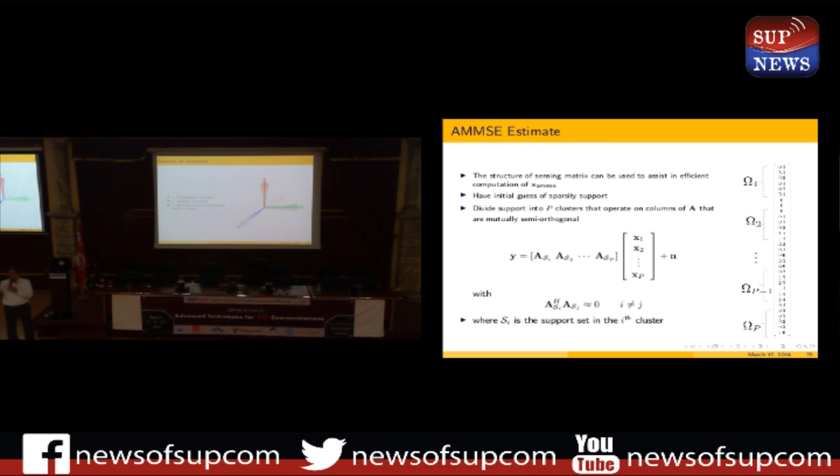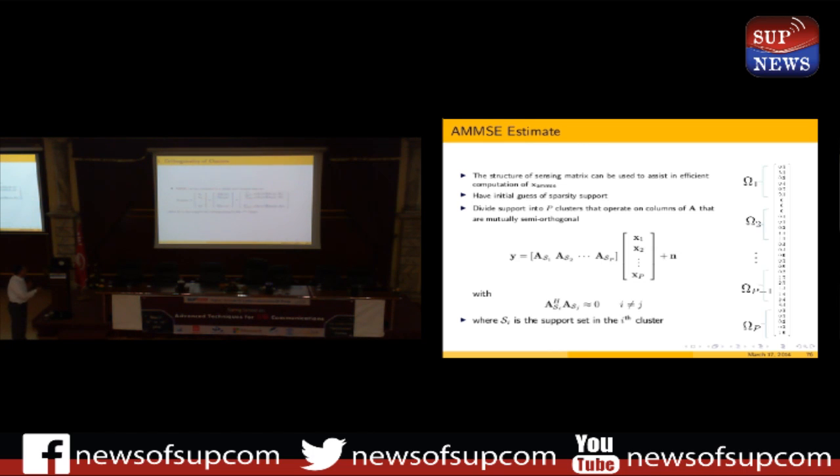There are basically three sources of complexity reduction that we can make use of. The first source we've already talked about, which is the fact that I can group columns into orthogonal or semi-orthogonal vectors. The second one is that the clusters are similar. And the third one is basically recursive implementation of the algorithm.